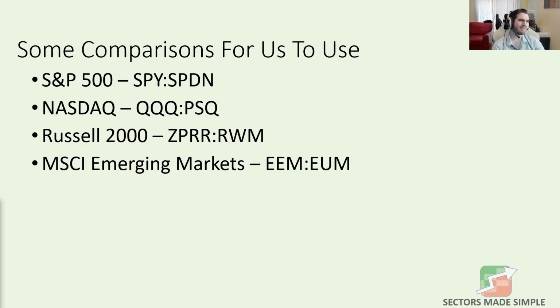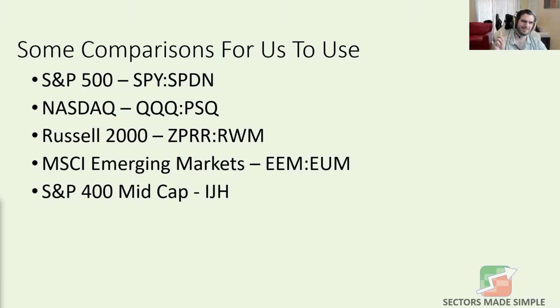If the US isn't your thing and you're interested in emerging markets, then EEM is going to be your bullish, while EUM is going to be your bearish ETF. And if the big guys or the small guys aren't your kind of thing, and you want to go for those mid-cap companies, for the S&P 400 mid-cap, we have IJH.